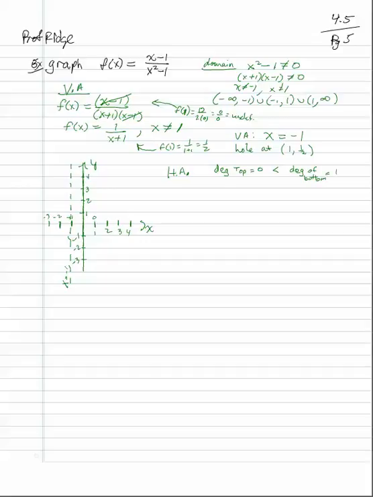So that means the x-axis is my horizontal asymptote. y equals 0. Right? So the x-axis is the horizontal asymptote. Just remember that.